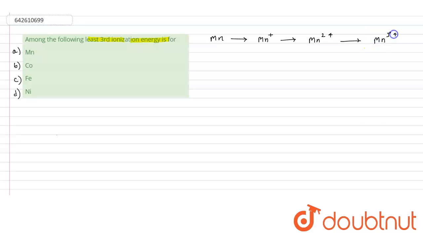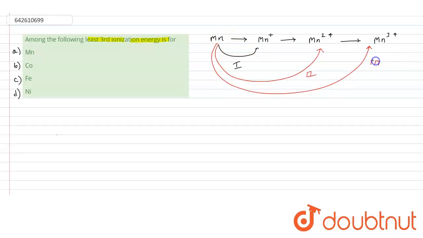That means from manganese to Mn+ is the first ionization energy, from Mn+ to Mn2+ is the second ionization energy, and from Mn2+ to Mn3+ is the third ionization energy.